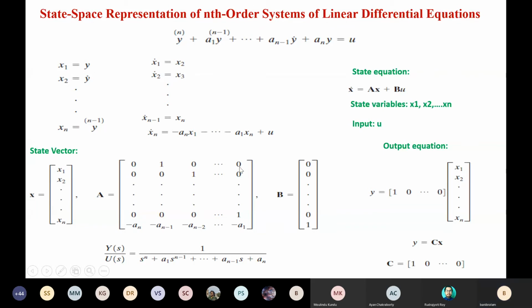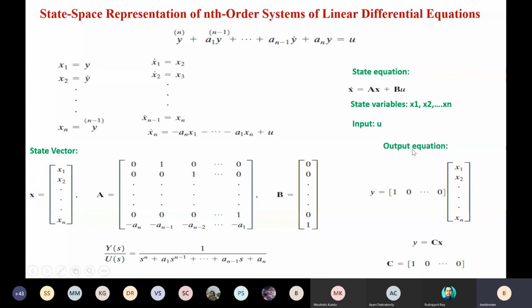So this is called the state space representation, where we write this nth order differential equation using n number of first order differential equations, with the help of matrix and vector form. Here we basically have two equations. One is called the state equation, x dot equals to ax plus bu.